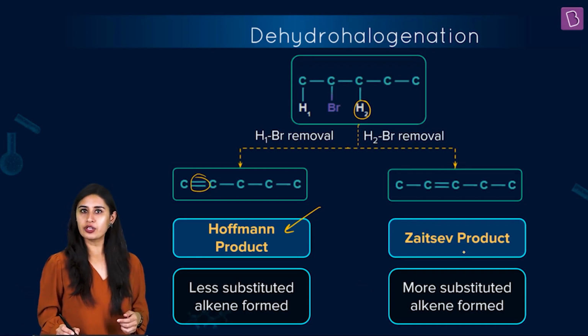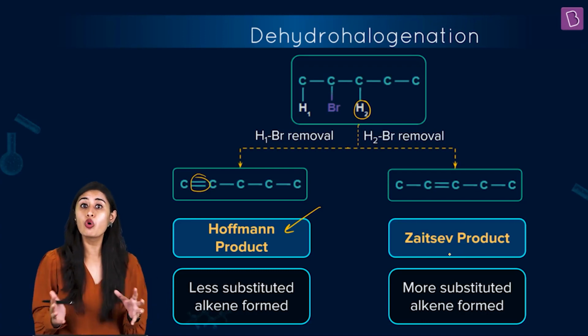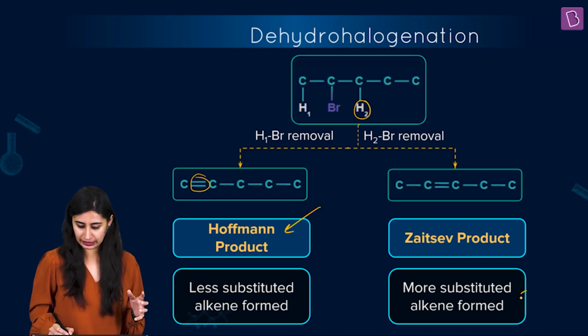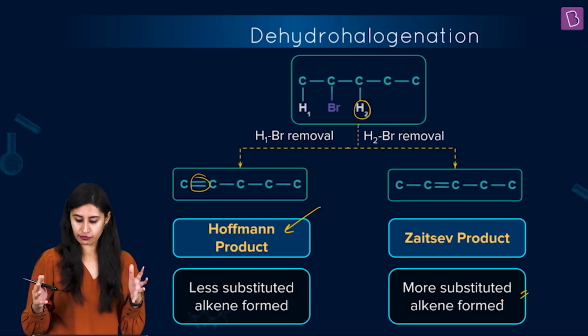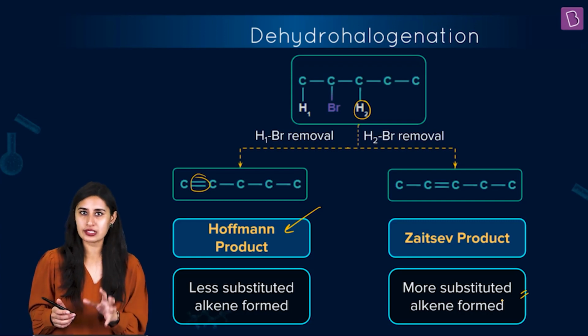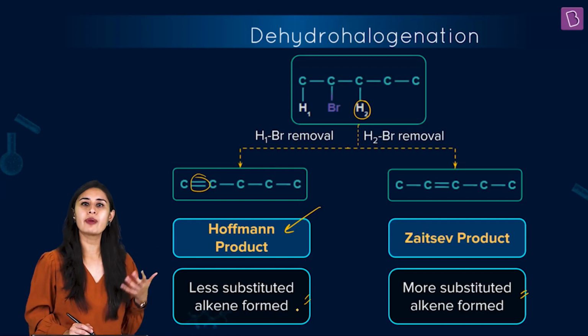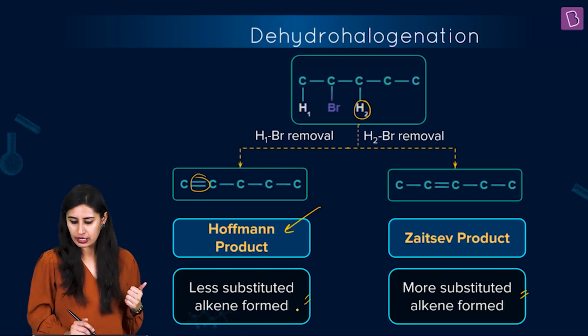Whereas Saytzeff product is generally the major product. What is a Saytzeff product? More substituted alkene. Wherever the major product formed is a more substituted alkene, we say the Saytzeff product is formed, right? Whereas if a less substituted alkene is formed, we say Hoffmann product is formed, right?